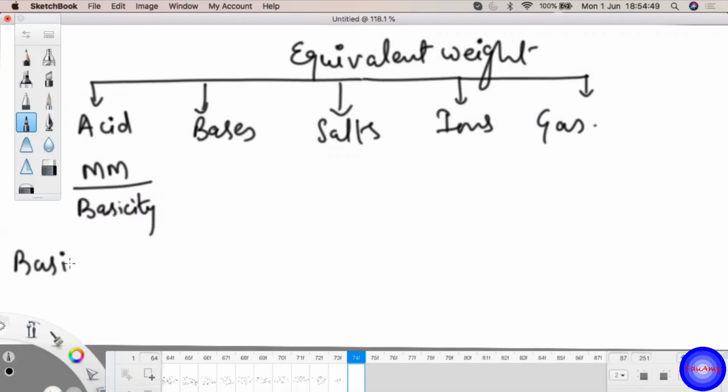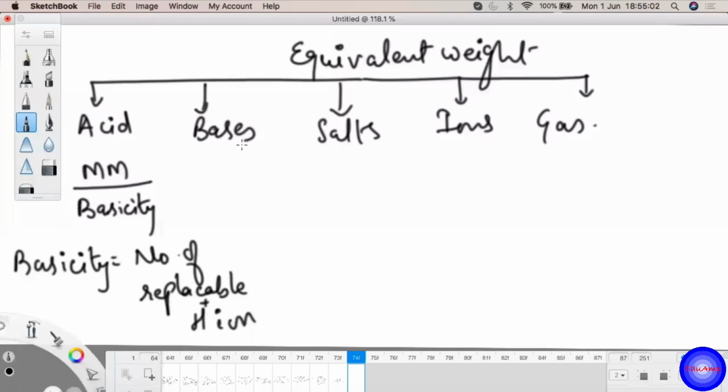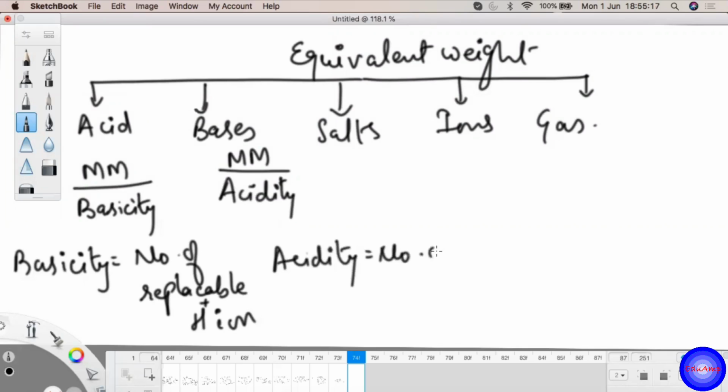Basicity is the number of replaceable hydrogen ions. In case of bases, you have to calculate the molecular mass of the base, and then divide by its acidity. Acidity is the number of replaceable OH minus ions.